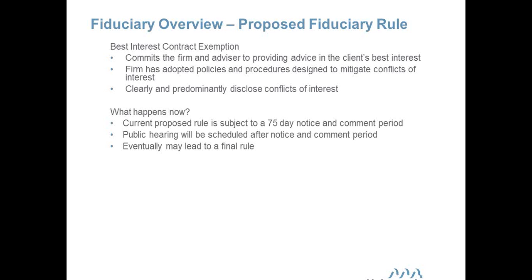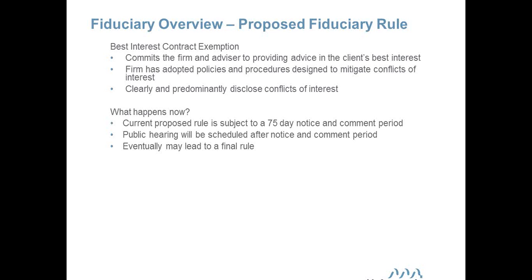And this one is interesting, clearly and predominantly disclose conflicts of interest. Again, that's a nuance that's interesting between ERISA and the SEC rules. Under the SEC rules currently, that's what is provided for here. Your Form ADV, you must clearly and predominantly disclose conflict of interest.